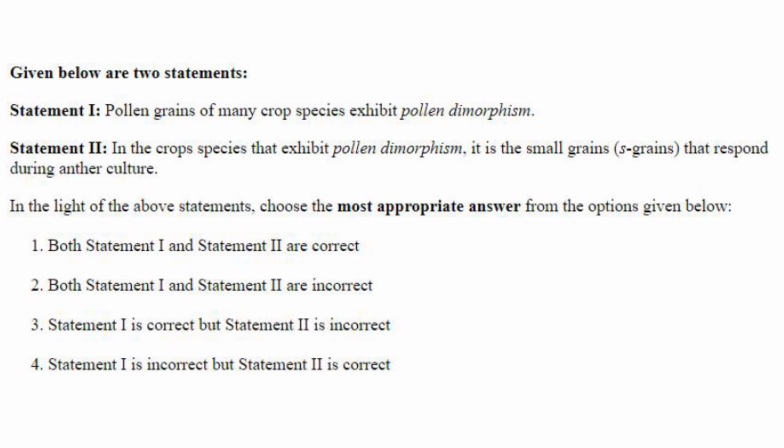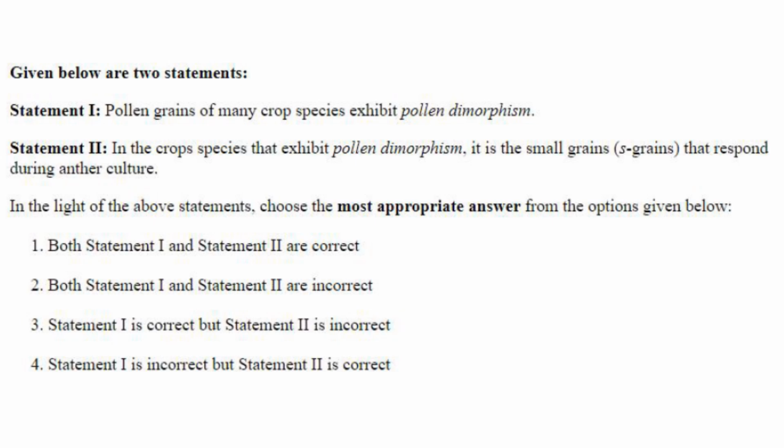Then next one. Pollen grains of many crop species exhibit pollen dimorphism. Now what is pollen dimorphism? It is the presence of two distinct forms, that is two distinct morphological forms of pollen grains within a single plant species. That is called pollen dimorphism.